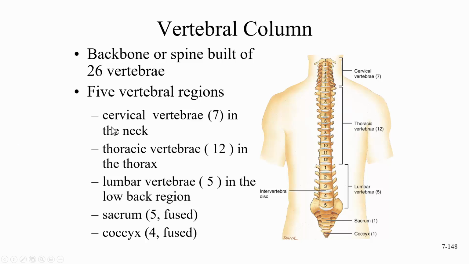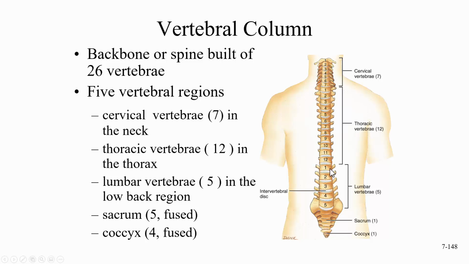Now, going back up to the cervicals, thoracic, and lumbars, the way we name these is we number them. And if you see here, in the cervical region, 1 through 7, we say that this is C1, C2, C3, and so on. In the thoracics, we have T1, T2, T3, all the way down to T12.